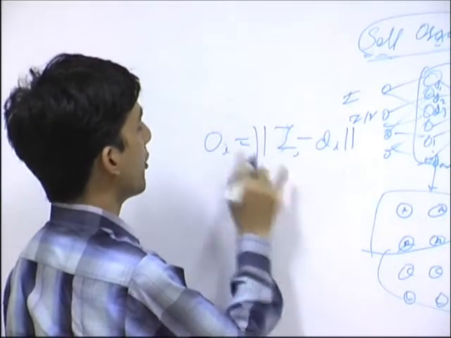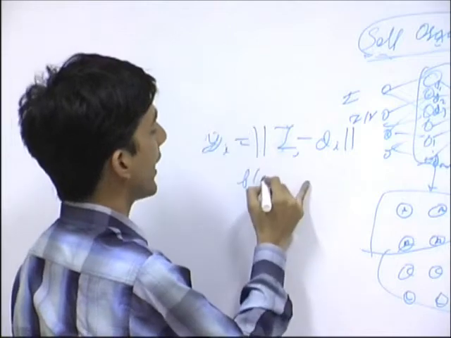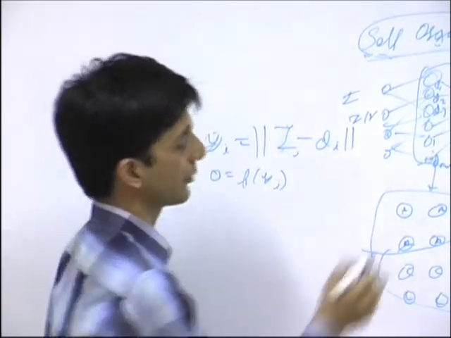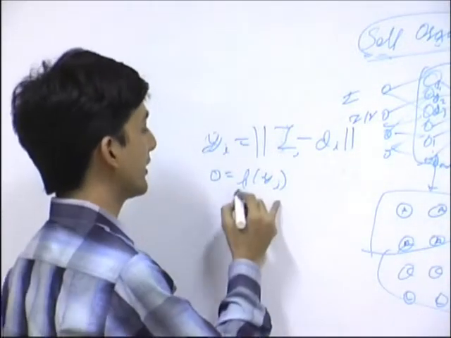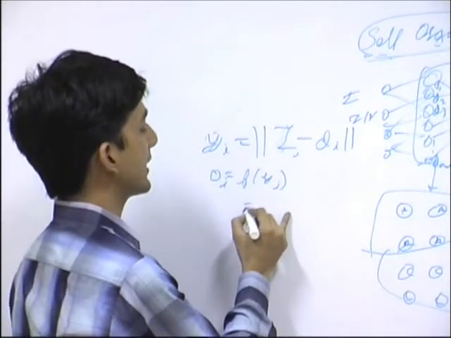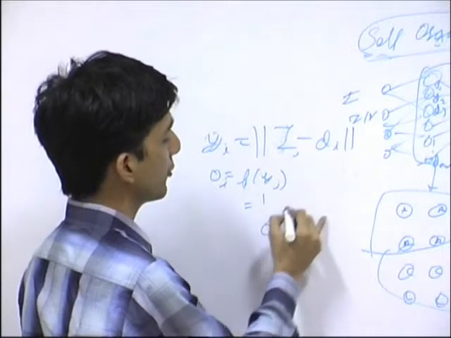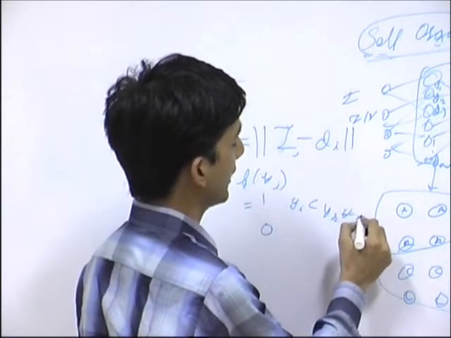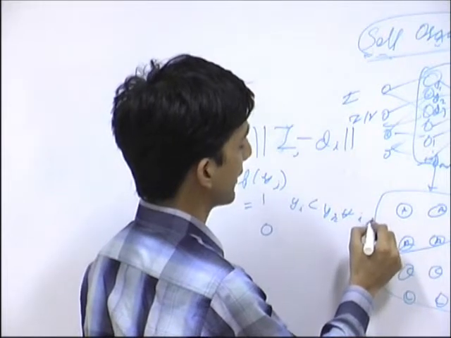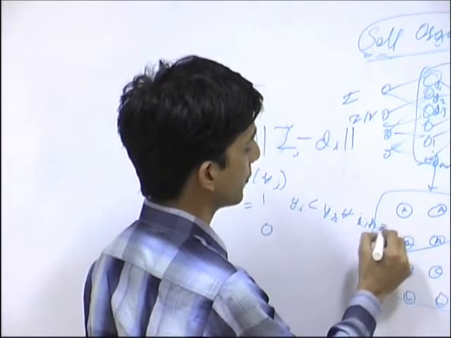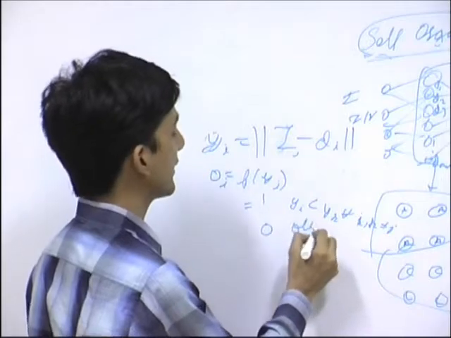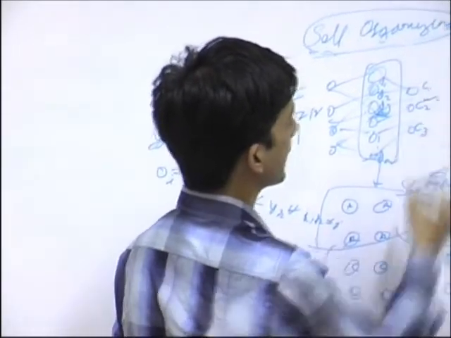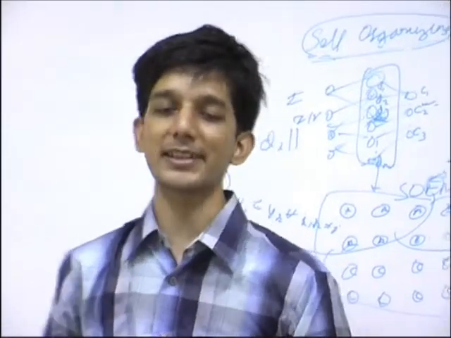So f of y_i, the activation function or the final output activated neuron, is equal to 1 if y_i is less than y_k for all k not equal to j, and 0 otherwise. So it's exactly the same, where one of these neurons gets activated and ultimately activates its corresponding class. The entire mathematics is the same.